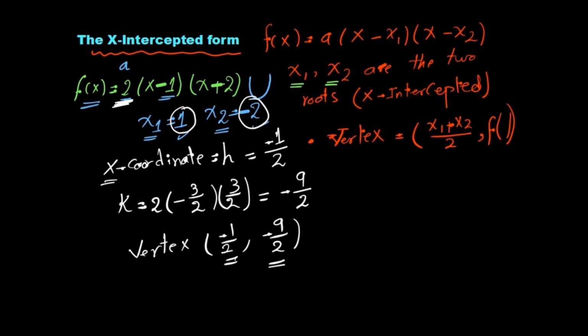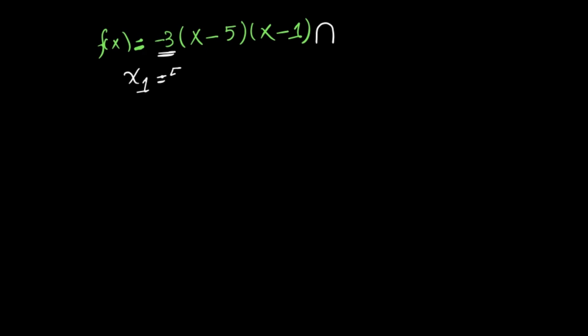Another one. f(x) = -3(x - 5)(x - 1). This is a, so the parabola will open down, because a is a negative number. x1 equals 5, x2 equals 1.